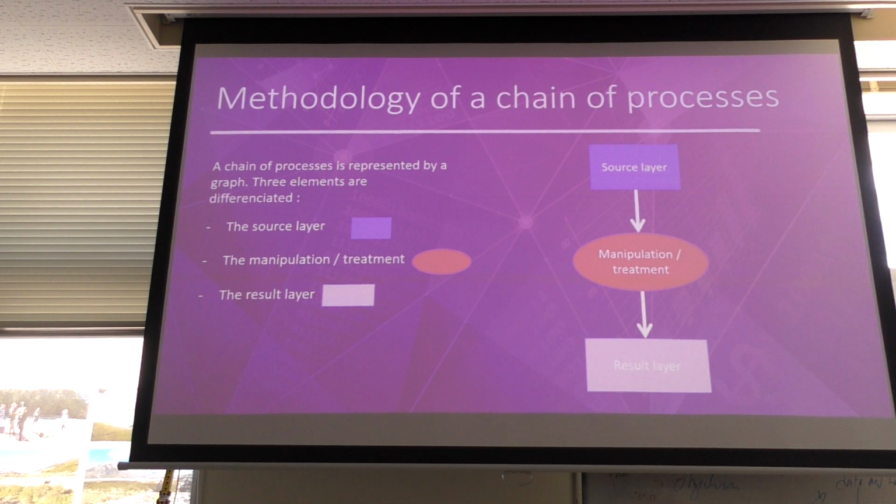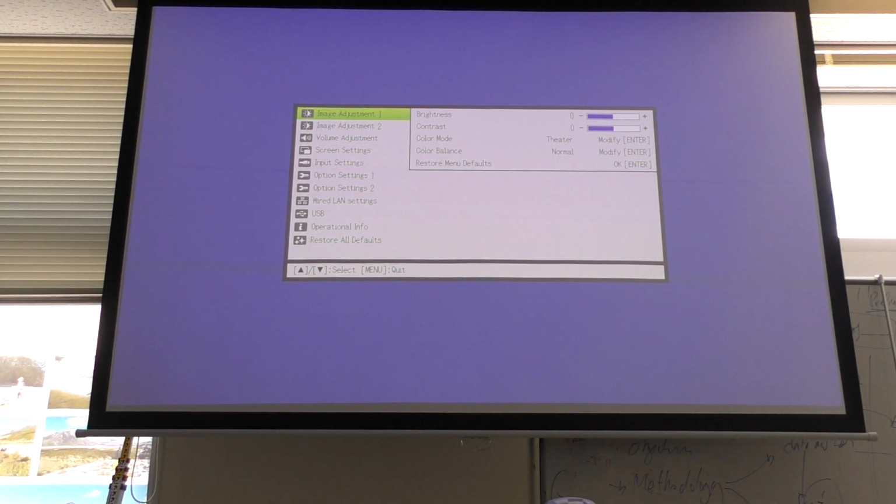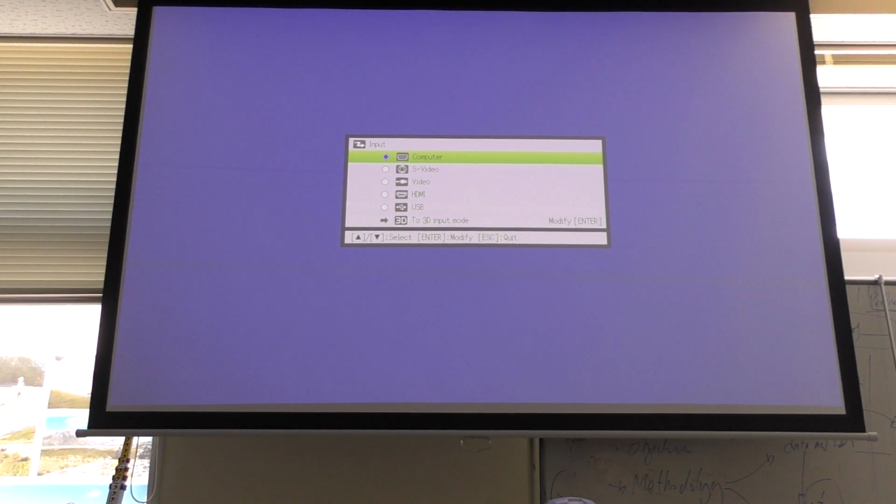Just to be sure, I will ask you to go on the internet, on your computer or your phone. It doesn't matter. You just have to go on the internet and verify.